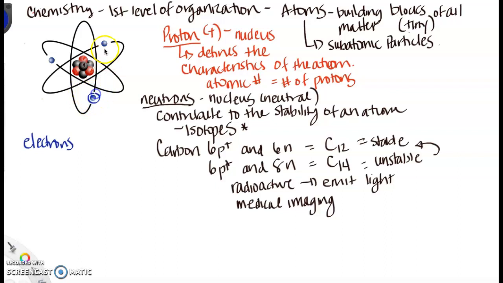And these are the electrons here. Electrons are negatively charged, and they sort of fly around the nucleus. In an atom, the number of electrons is the same as the number of protons. So if there's 3 protons, there'll be 3 electrons floating around it. Okay?